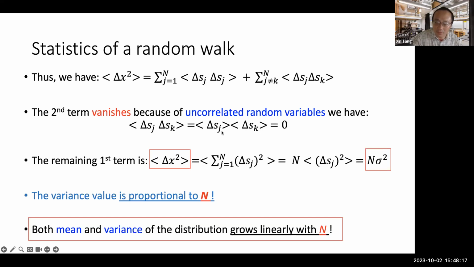You can write it separated into these two. And remember, delta Sj is the net change, S minus mu, right? It can be positive and negative, positive and negative, and the net is equal to 0. Net change is 0. Then this term is 0.